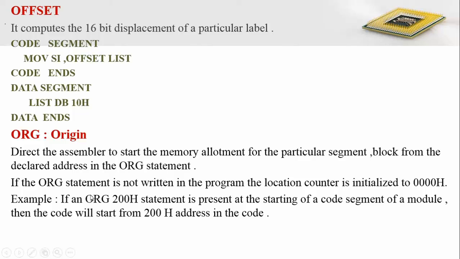If ORG 200h is present, then after setting the start of a code segment, skip the starting 200 bytes, pointing the location counter to a memory location inside that code segment at 200, from where we can start loading our program code.